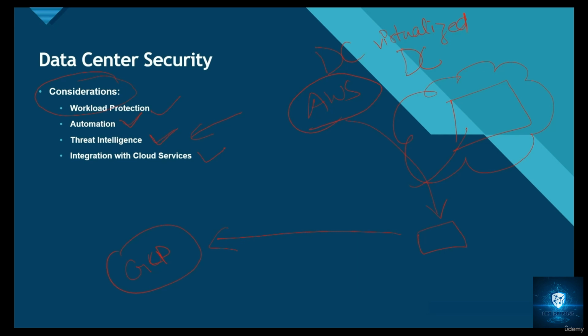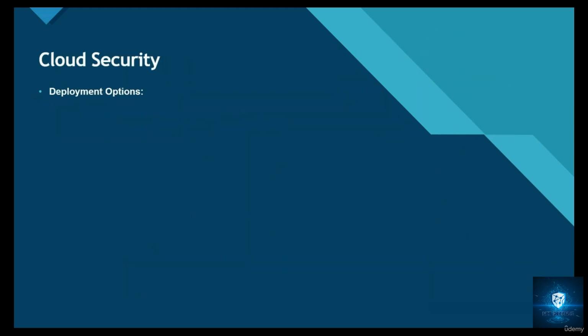You do have options to deploy the firewall on AWS as well as GCP. So you would do the deployment everywhere so that you can protect all the resources, whether on-premise or in the cloud infrastructure.